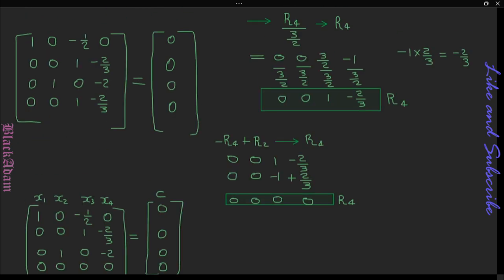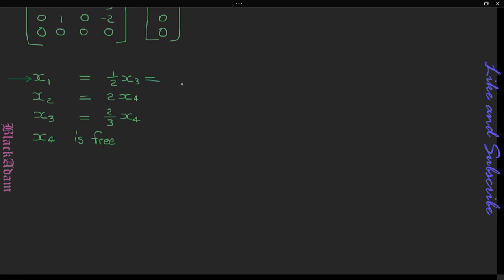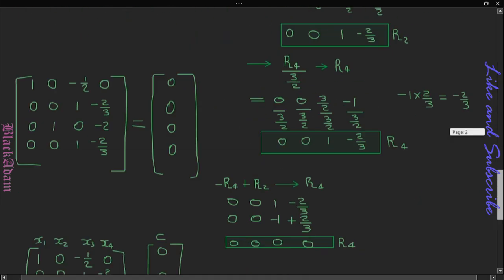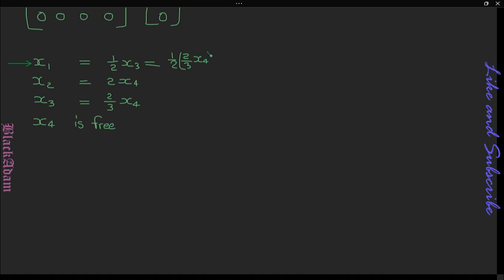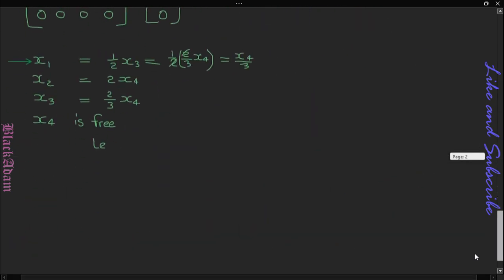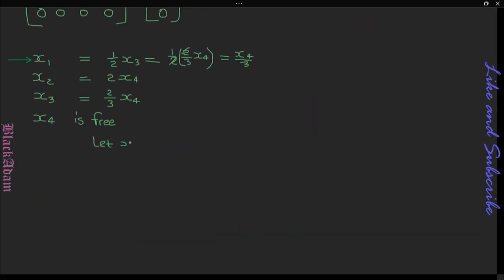Because all the fractions are over 3, we're going to let x4 be 3 so that we can have whole numbers. So x1 is x4 over 3, which is 3 over 3, that's 1.